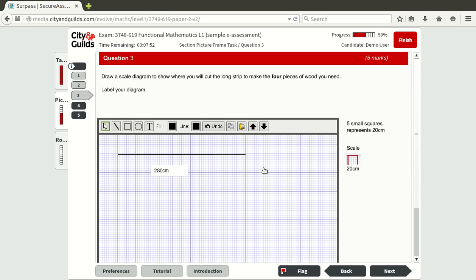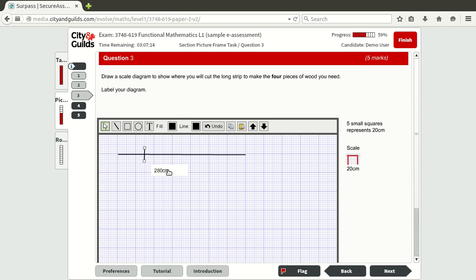Now we need to cut where we would draw our lines. So if I was going to start, I would first of all draw another line. I know that I need 60 centimeters for my top and bottom, so I would take 40 and 20, so I would cut right there.